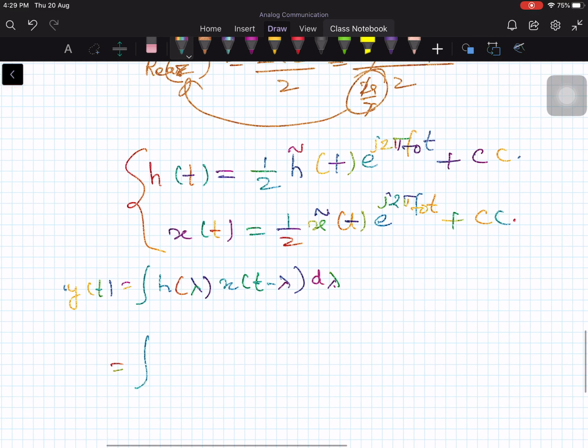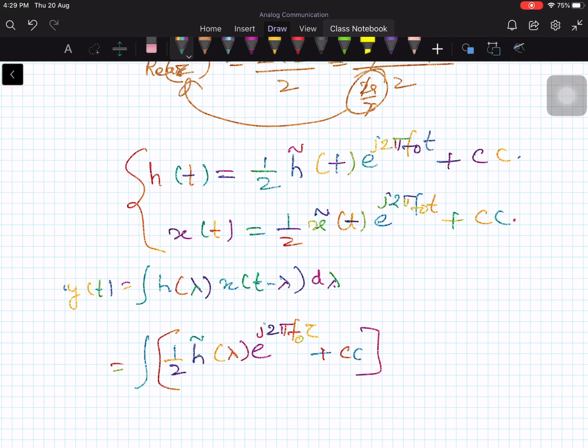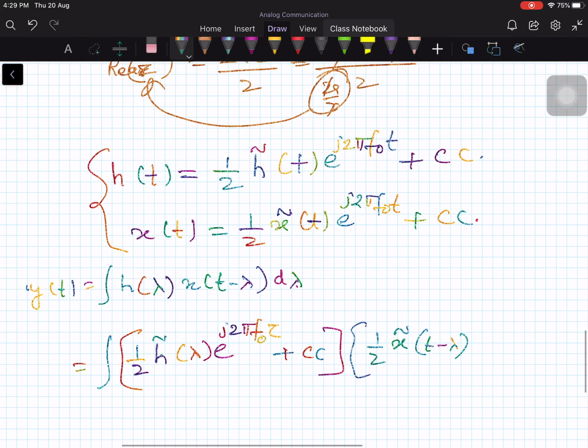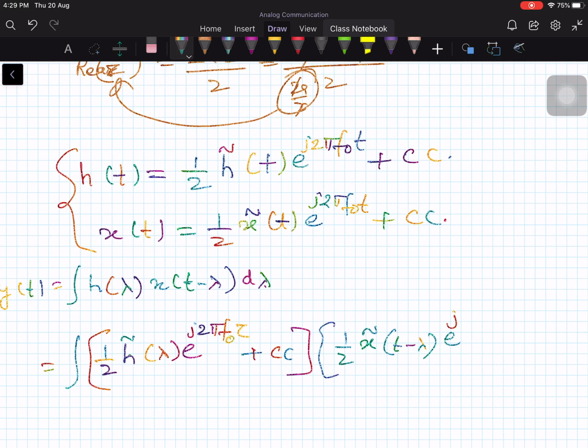So this is going to be 1 by 2 h tilde of lambda e to the j2 pi f naught lambda plus CC, multiplied by 1 half x tilde of t minus lambda e to the j2 pi f naught (t minus lambda), multiplied by d lambda.